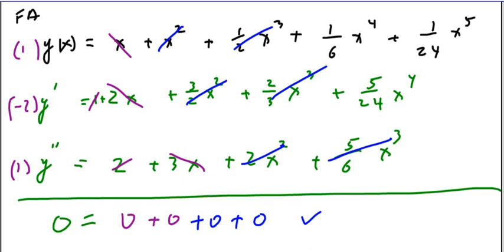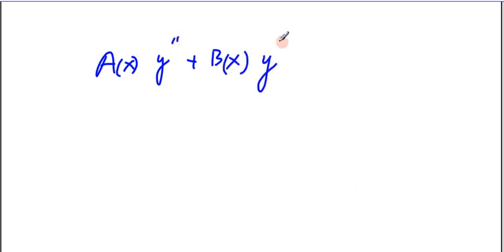Okay, now we're going to look at something slightly different. Say we've got some formula a(x) y' + b(x) y + c(x) = 0, where a(x) is just a function of x only, b(x) is a function of y only, and c(x) is a function of x only.